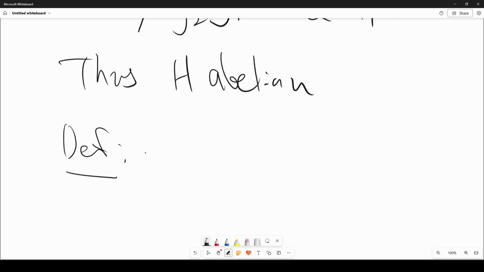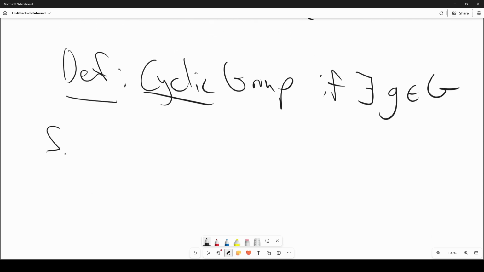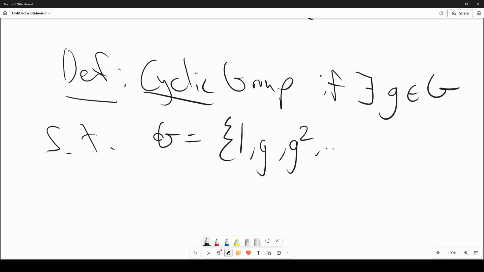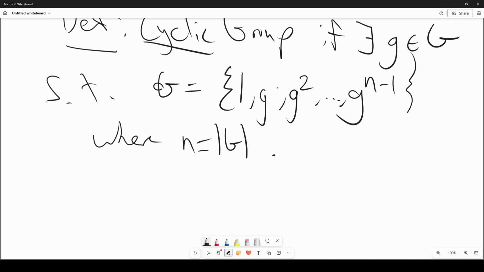So a group is cyclic if there exists G in G such that G equals 1, G, G squared, all the way to G to the n minus 1, where n equals the order of G. What this means is I can keep on multiplying elements of G until I generate the entire group.